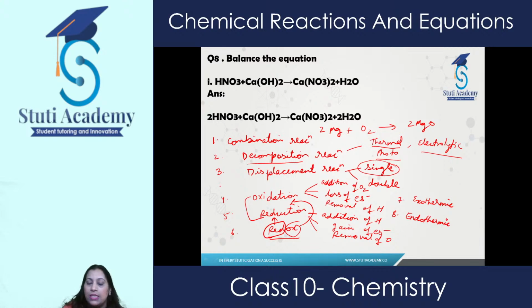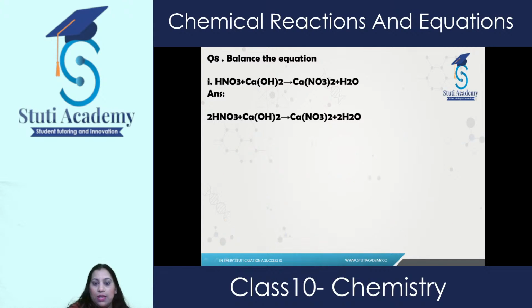Apart from this, in this chapter, I discussed reactants and products also. What are reactants? What are products? Look here. If I'm writing A plus B, it results in the formation of C plus D. So here A plus B are reactants and C plus D are products.